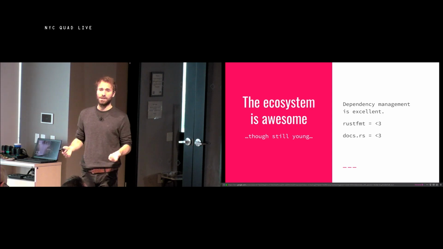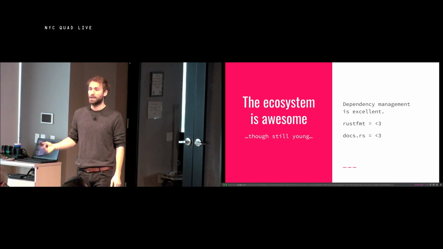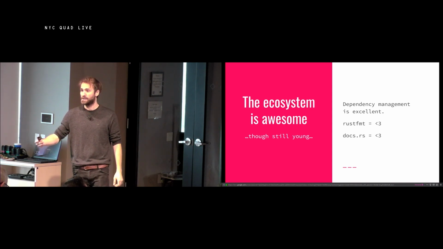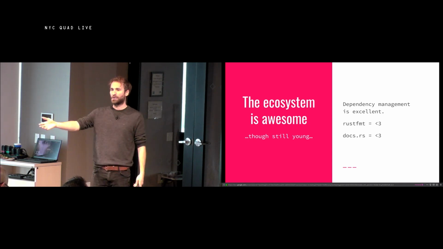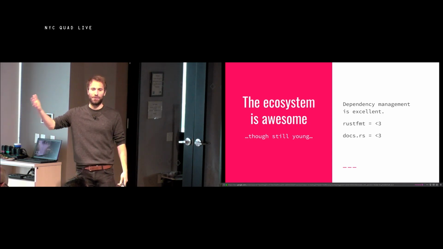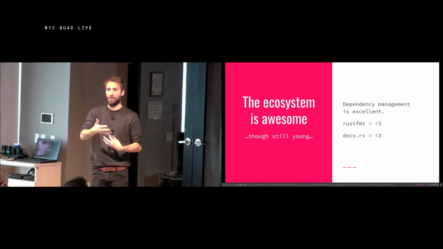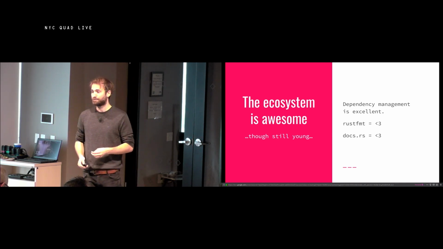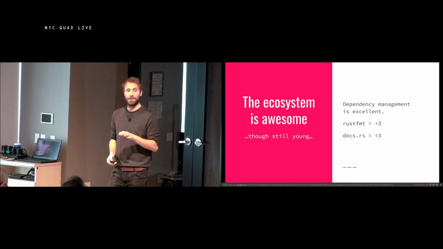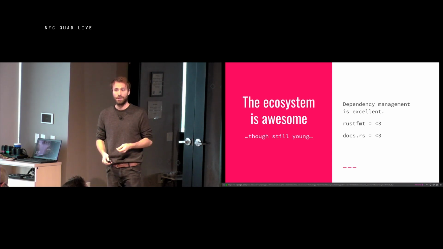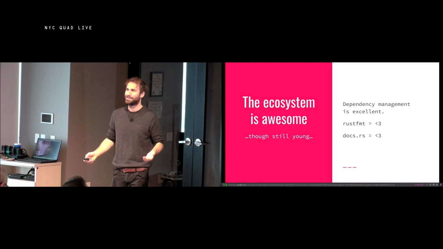The formatting is consistent, the documentation is consistent, and because it's auto-generated for all published libraries and interlinked automatically, it is really easy to just look up a crate, see its documentation, and see how it fits together with yours. If you upload your library, it will be automatically interlinked with that crate that you depend on as well. The ecosystem is still a little bit young, so there might be some libraries you don't find, but then maybe you can write that library.